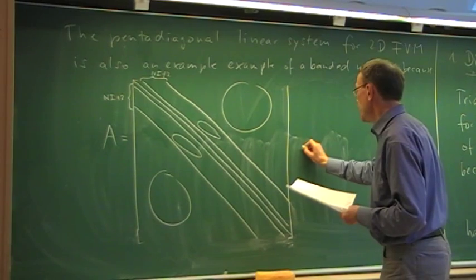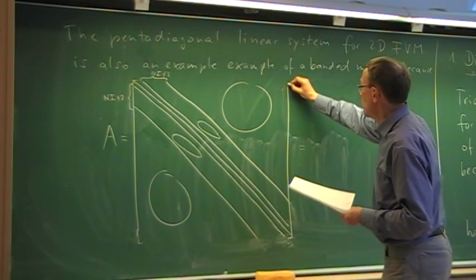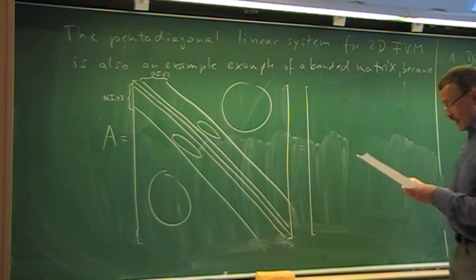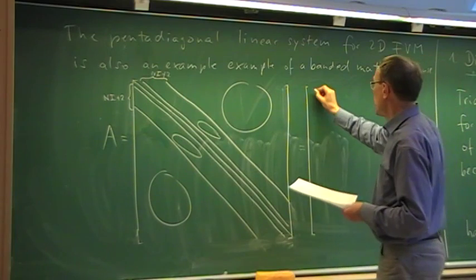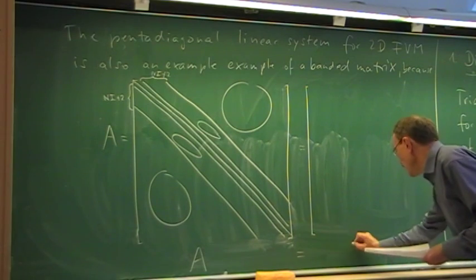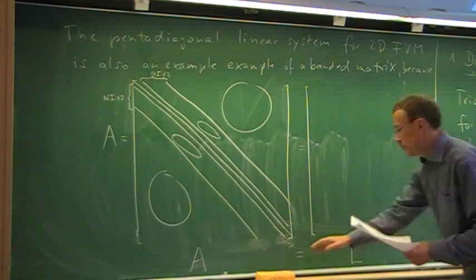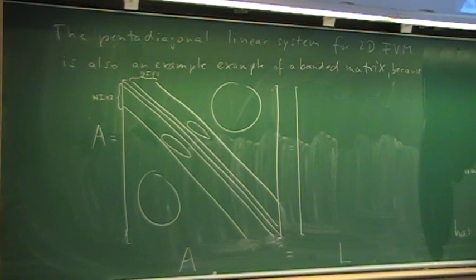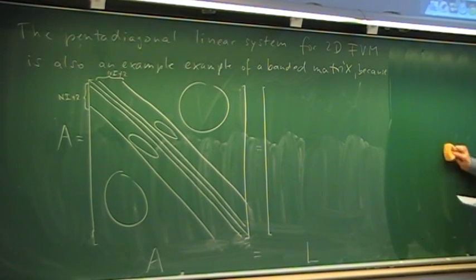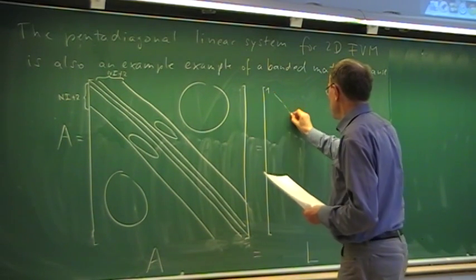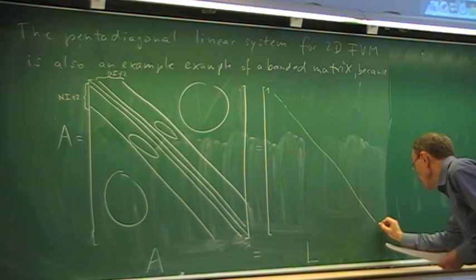If we want to do that, we write A equal to L times U. We try to express it as a lower triangular matrix, and that will have ones in the diagonal all the way down to the very end.